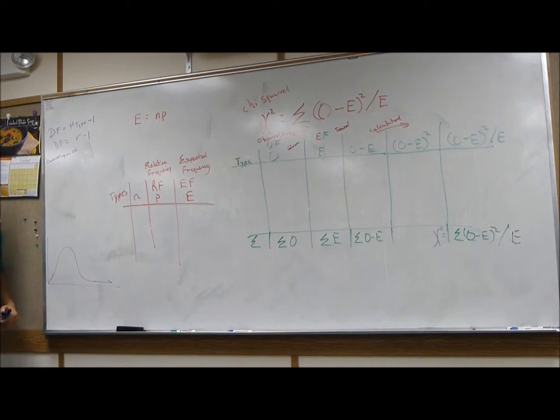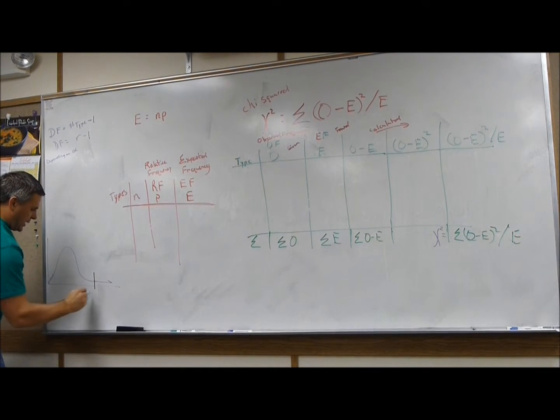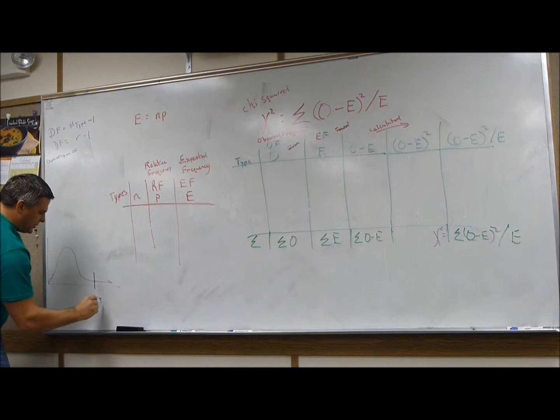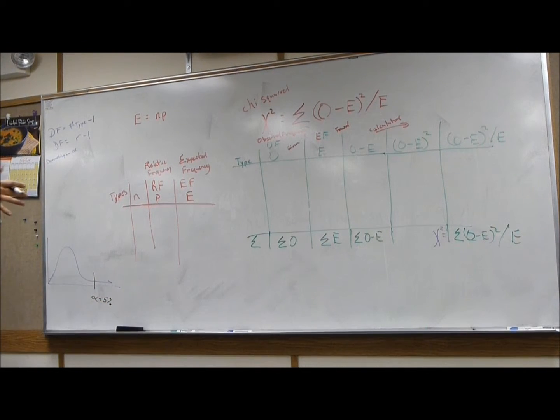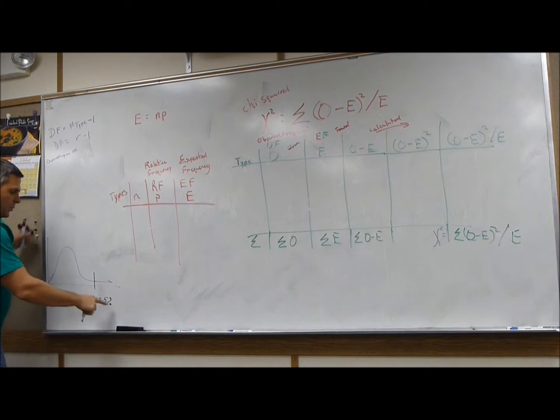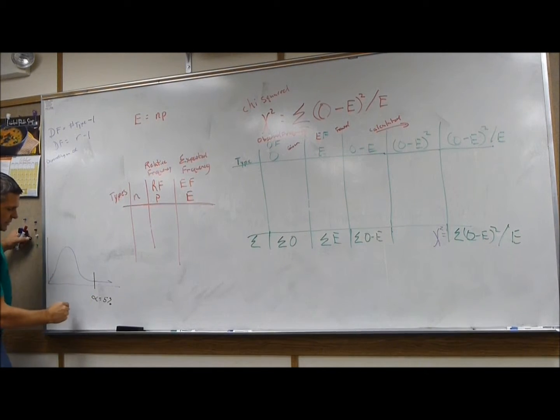Underneath this curve is always equal to 1. This piece right here is telling us at what point we're going to look. If alpha is equal to 5%, the last 5%, then we're going to see a chi-squared sub 0.05.